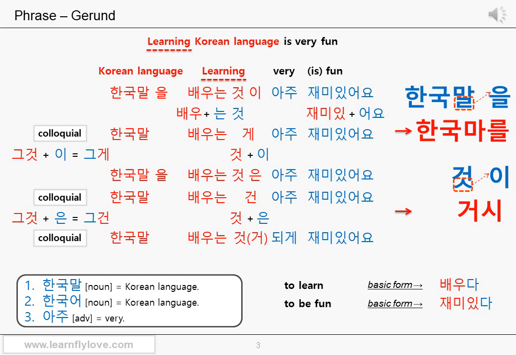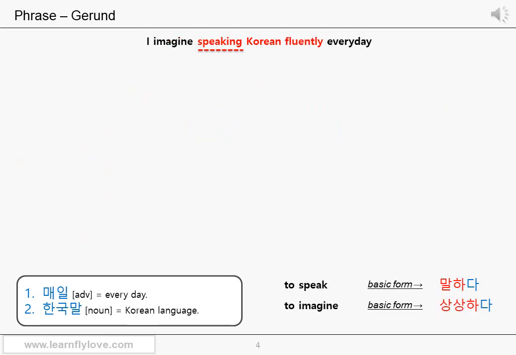I would use 거 instead of 것 when I speak because it's simpler. 한국말 배우는 거 되게 재미있어요. All the sentences on this page are correct. You can choose any one which helps you learn Korean quicker, but you must have your own reason to use it and consistency.